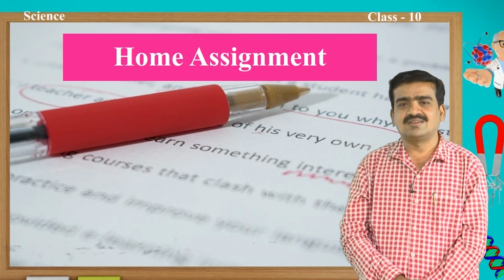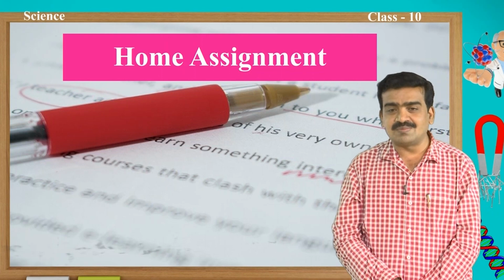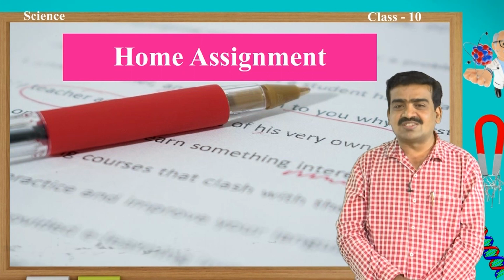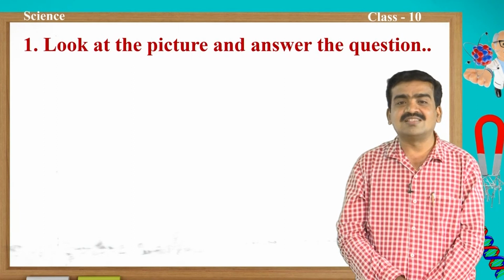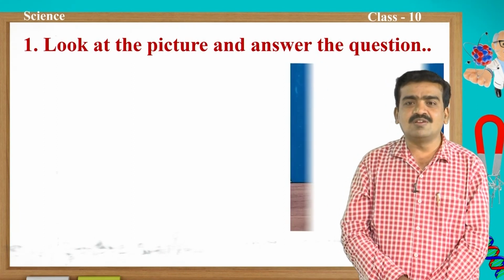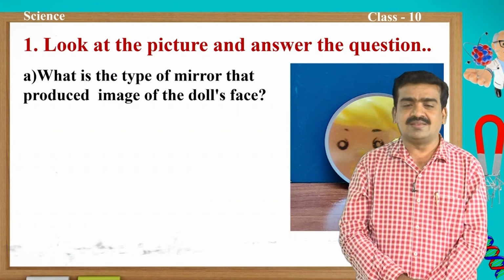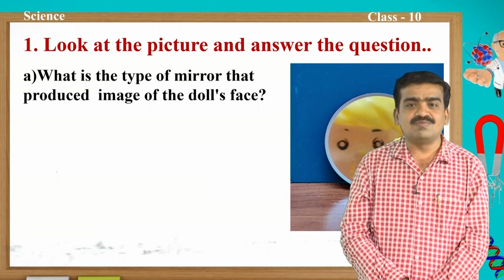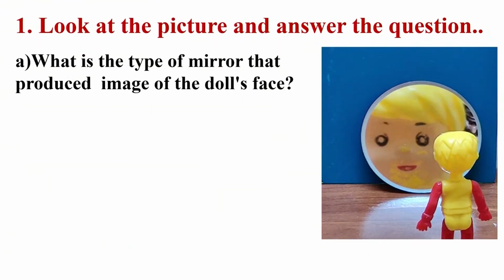My dear student, you have questions for home assignment. Just recall what you have learned today and write the answers for these questions. The first question is: look at the picture and answer the following questions. A. What is the type of mirror that produced the image of the doll's face?